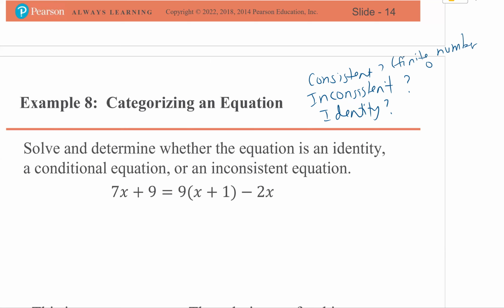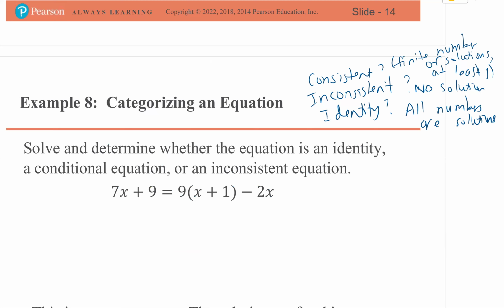I guess technically 0 solutions is finite, but you have to have one or more solutions. Inconsistent is no solution, like we saw before. Identity is all numbers are solutions.